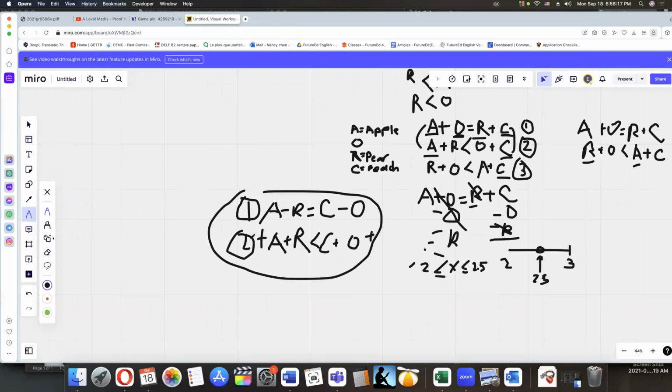So you told me to add both of the equations? Yes, add both of the equations together. A minus R equals A and C minus O equals C. And the A plus the R equals AR.